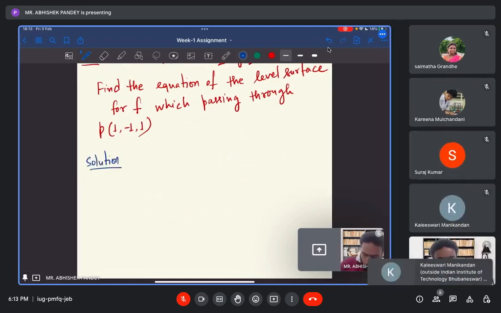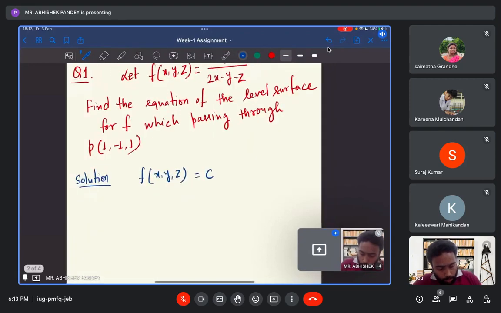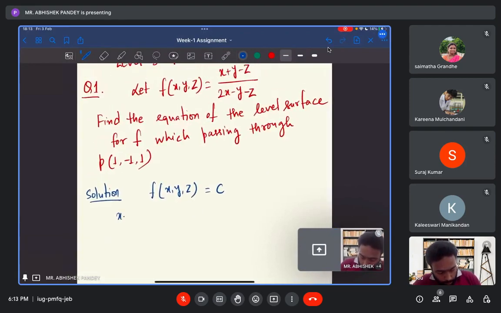The equation of a level surface in general looks like f of x comma y comma z is equal to c. Here f of x comma y comma z is x plus y minus z upon 2x minus y minus z, equal to c.